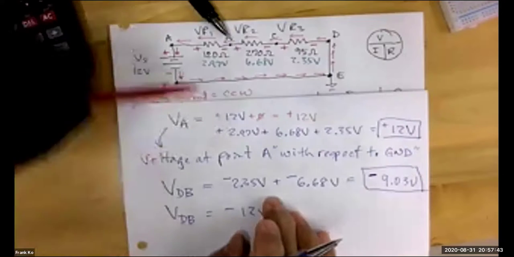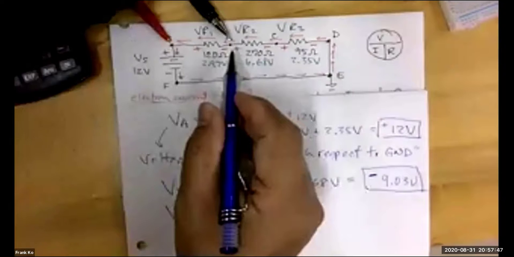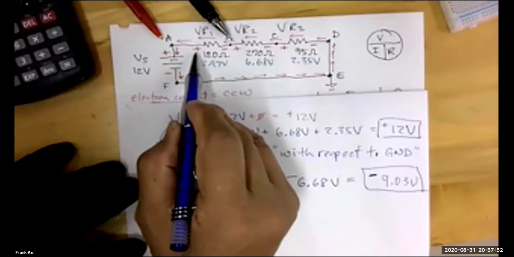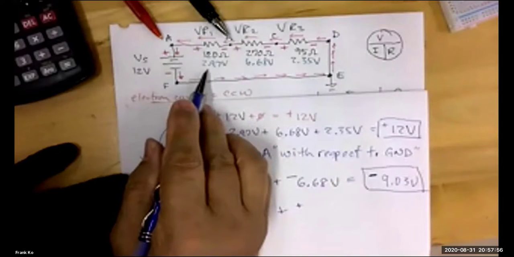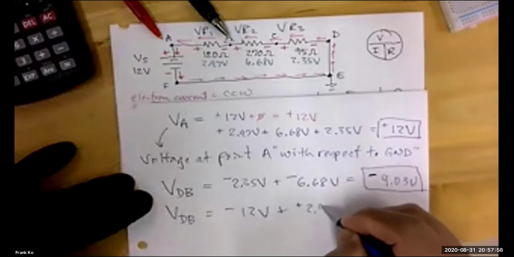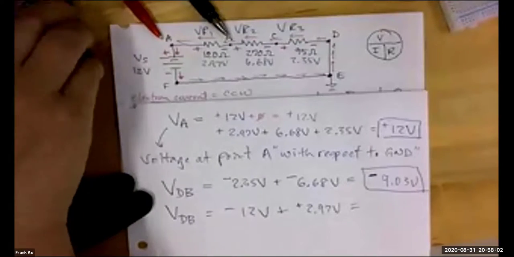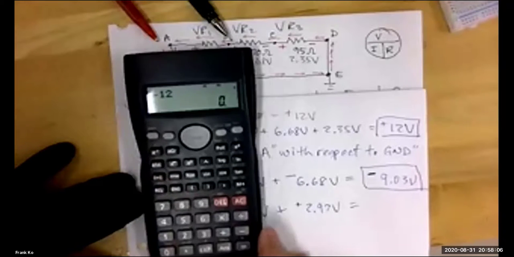I am now at point A. I've got one more resistor to go between A and B. What polarity does it see first? Positive. So I'm going to add that to a positive. What value of voltage? 2.97 volts. So here is a negative 12, add a 2.97. Bingo.